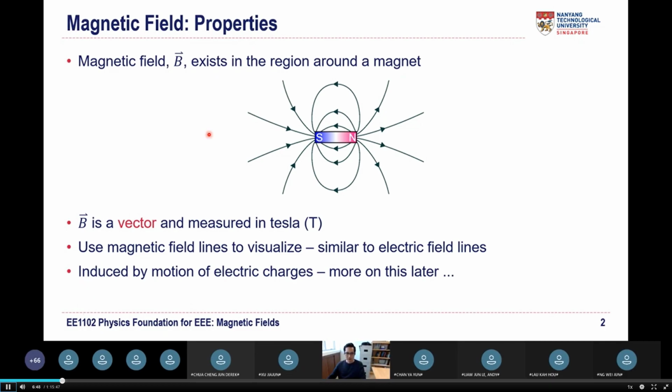All right. So when you have a magnet, a magnetic field, which we denote B, also exists. B can be represented fairly similarly to the electric field E. It's a vector quantity, and it's measured in Tesla, with a big T. And you can use magnetic field lines to visualize it, just like how you use electric field lines to visualize the electric field.